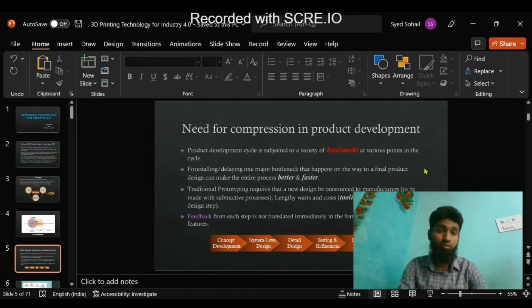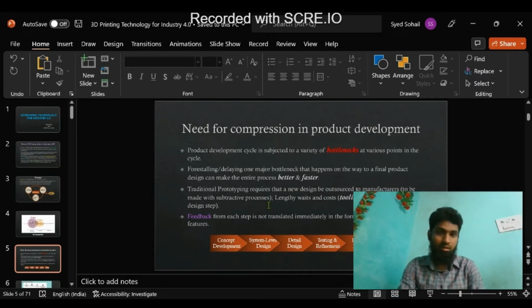Traditional prototyping, why is it a problem for us? Because it requires that a new design be outsourced to manufacturers. Any change in the design has to be outsourced to the manufacturers. Generally there are lengthy waits and costs, the tooling and logistics in each design step. So tooling and logistics will come into play every time we are making a change in the design.